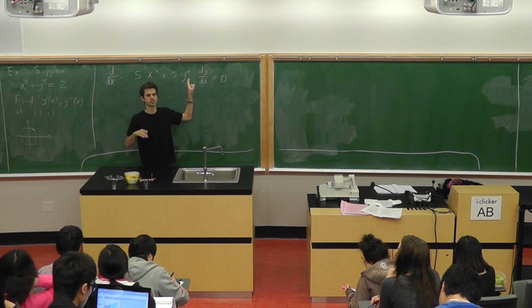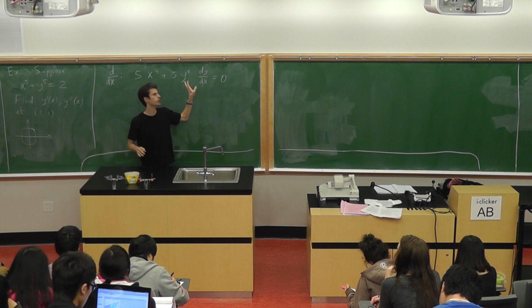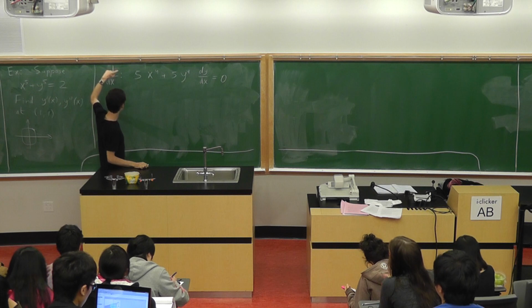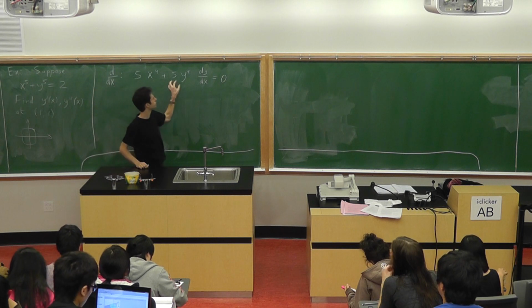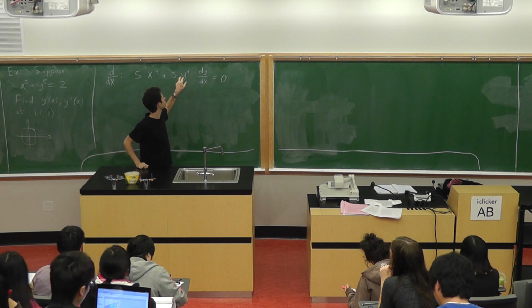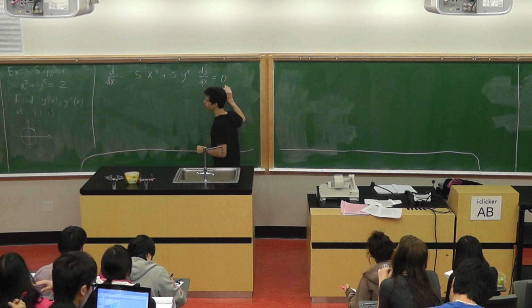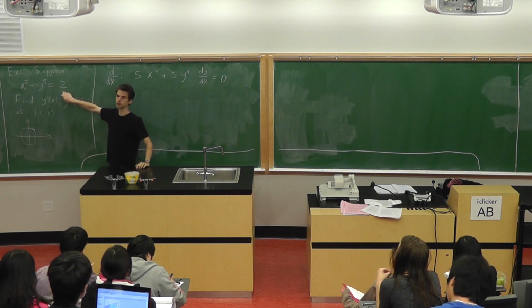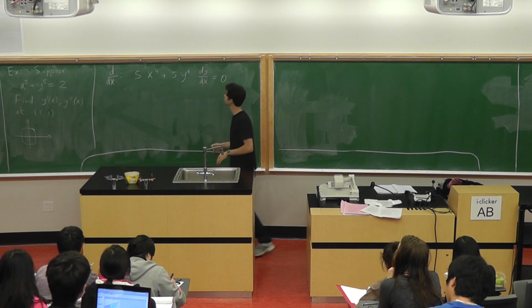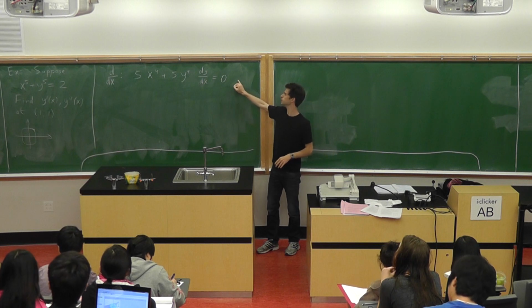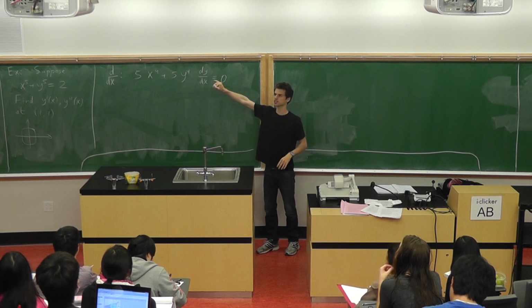And remember that y is a function of x, it's not just a variable, and you find the derivative relative to x. So from the chain rule, it's 5y to the 4th times the derivative of the argument, the derivative of y. And on the right side, I have the derivative of 2, which is 0. So here I have a relation between the derivative, x and y.